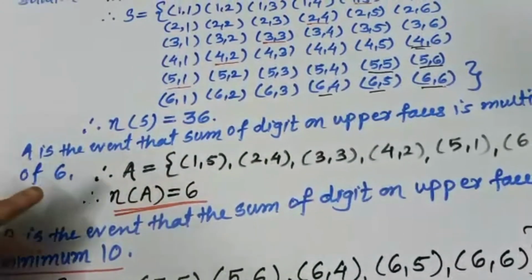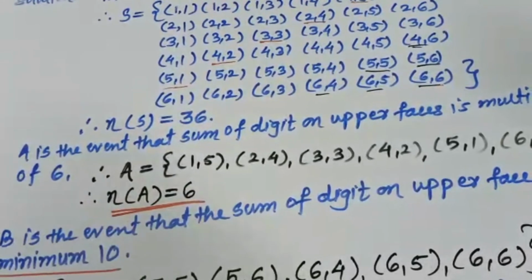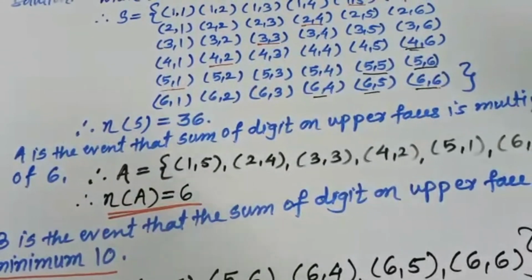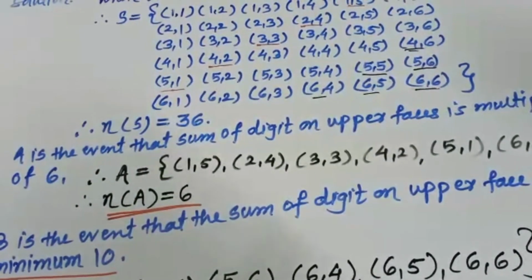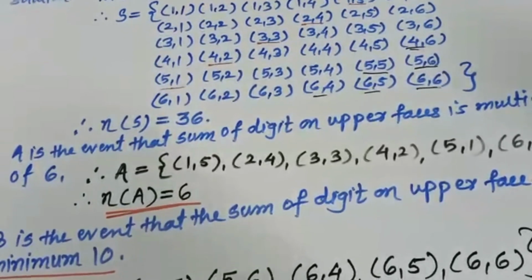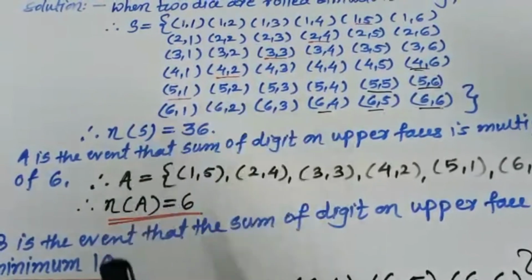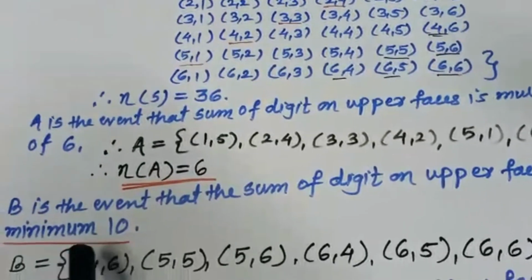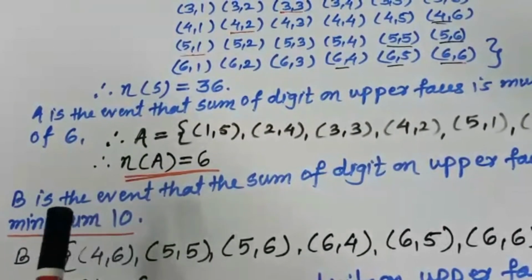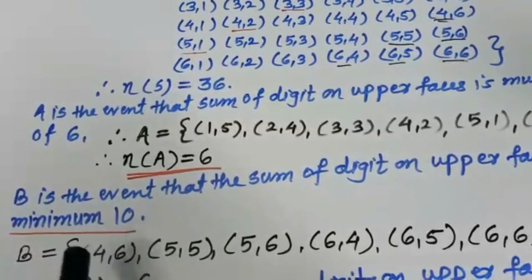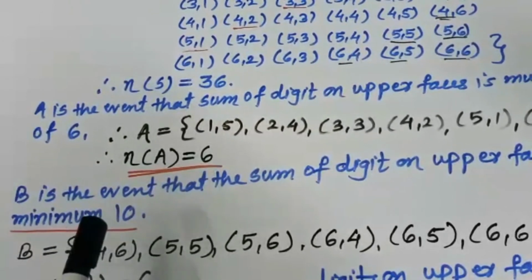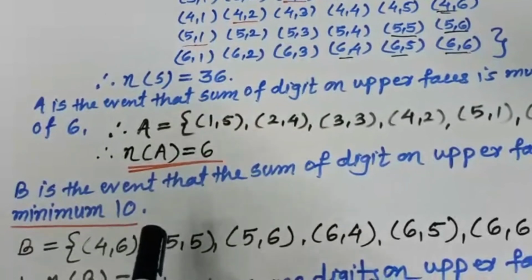First one, the event that the sum of digits on upper faces is a multiple of 6. Multiple of 6 means the numbers which come in the 6 times table. The second one is the sum is minimum 10, or at least 10, then you have to take the sum that is 10 or more than it.